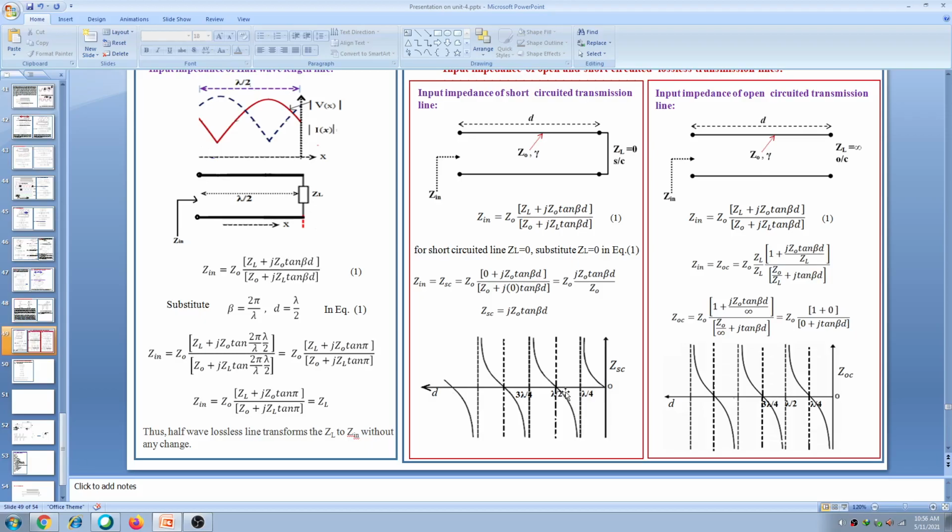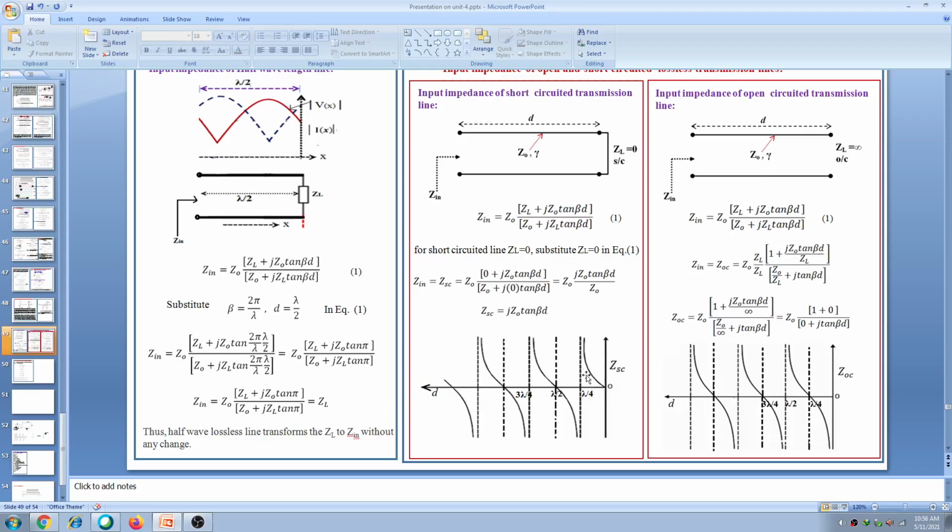Again it starts decreasing and becomes 0 at a length lambda by 2. Again it increases, becomes infinity at 3 lambda by 4, and at lambda it is again equal to 0. So this is the plot of ZSC as a function of distance.